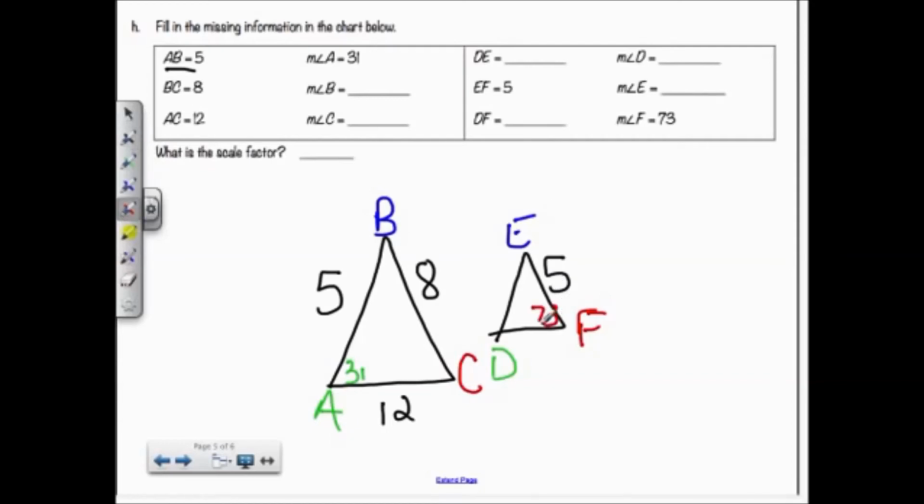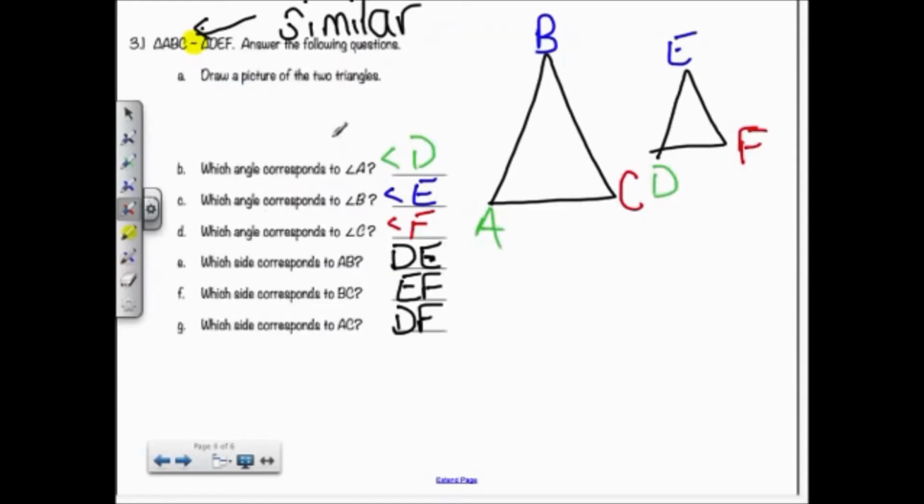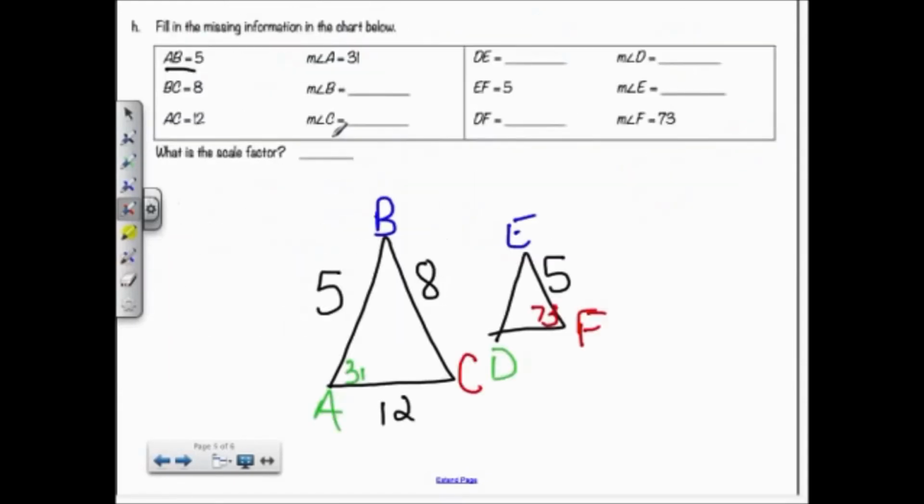So what I'm going to do right now is really quickly, let's just look back here. I know that the sides are proportional and that the angles are congruent. I'm going to focus right now on number 1, the sides being proportional. If the sides are proportional, then I do exactly what it says. I'm going to use a proportion to figure out what the sides are. Right here, I know that this is 8 and this is 5 and they correspond with each other.